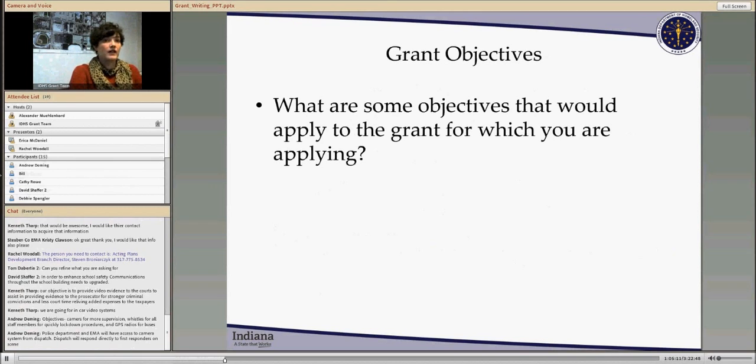And so Andrew, yes, I think you're getting closer to looking at that objective, which would be either a reduced response time. So if you know what your response times are now and how they can be improved by the grant, that would be very much on target. Also, restricting access to the school could be involved in the police department and EMA having access to that camera system from dispatch.